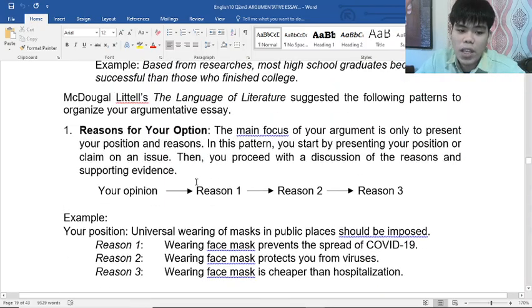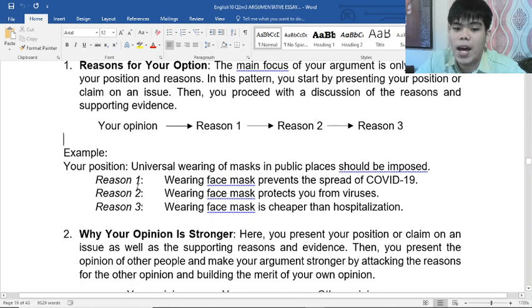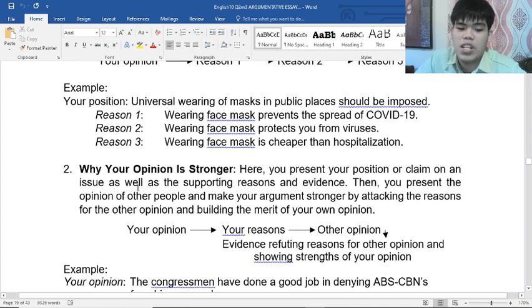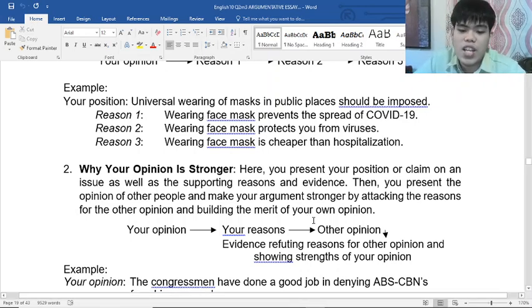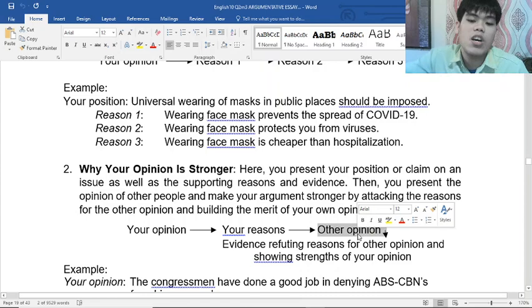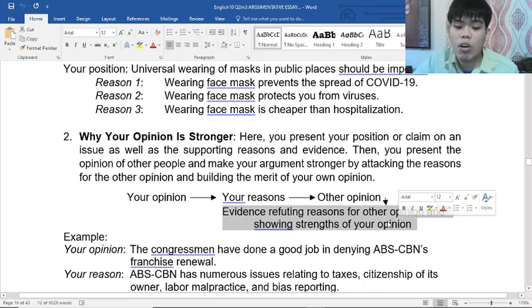Now, your opinion can be strong or weak depending on the pattern that you use. To create a strong opinion, the pattern states that you should state your claim first, then your explanation and your research, and give additional evidence from other people's opinions, including evidence refuting reasons for other opinions and showing the strength of your opinion.